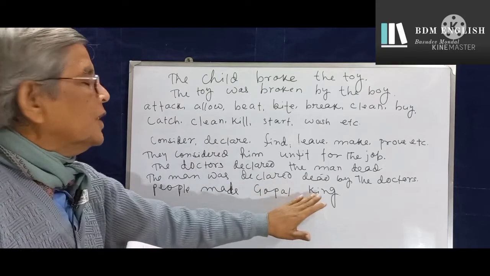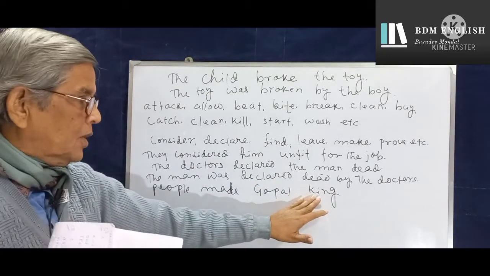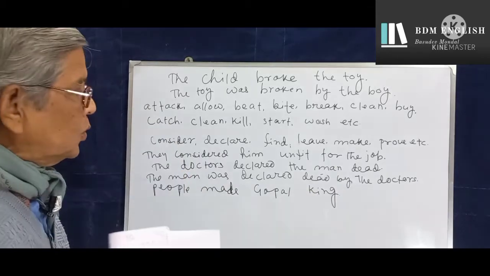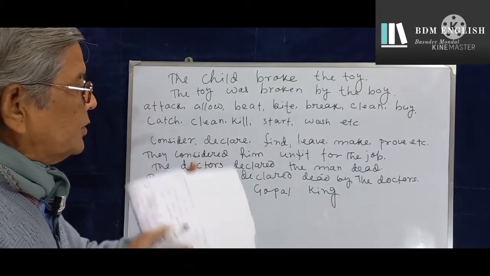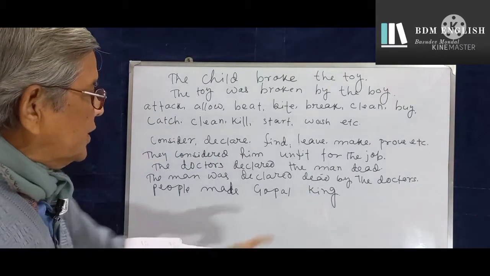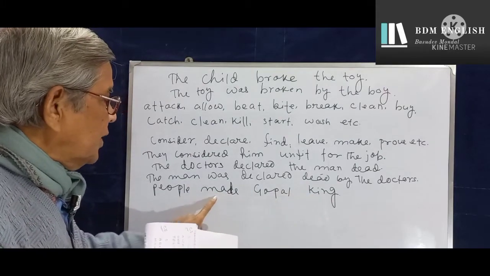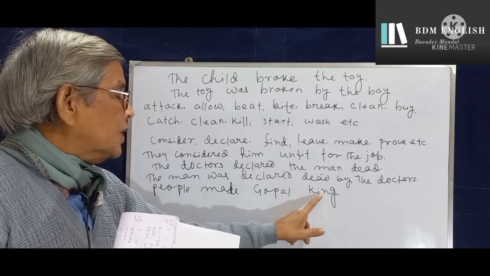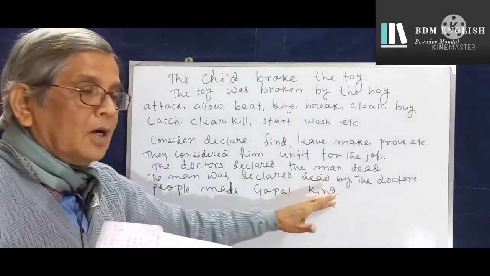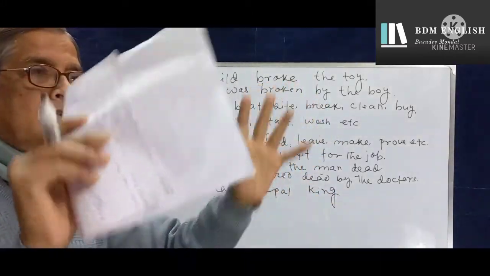Now, this king is a noun, but it does not refer to any distinct, separate individual. It refers back to Gopal, which is the object of the verb made. Therefore, this noun, it's just a word. It does not mean any separate person.